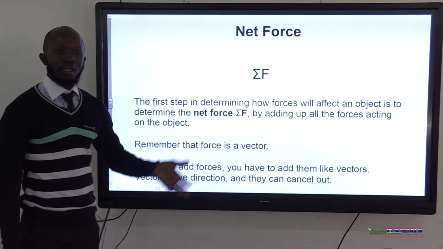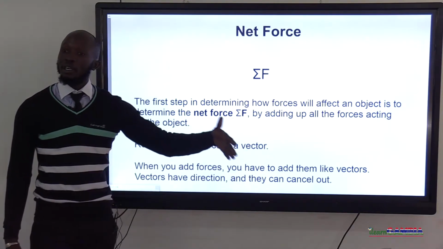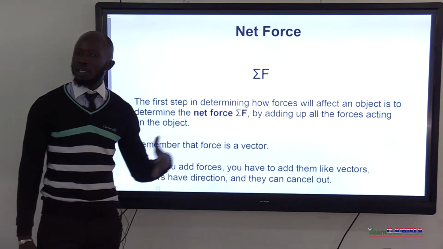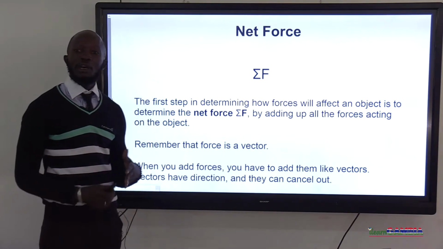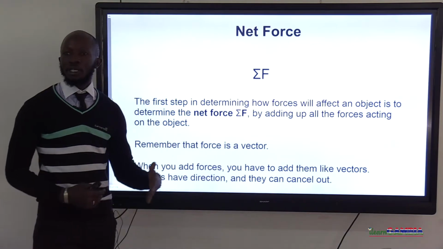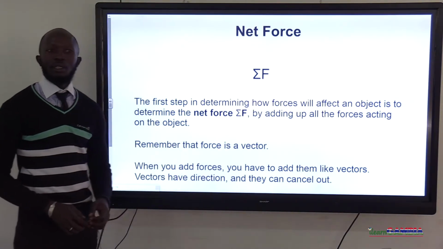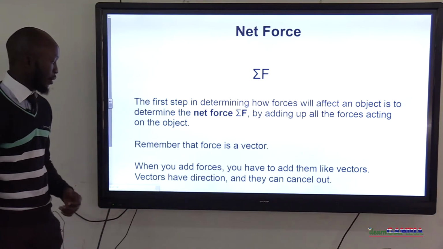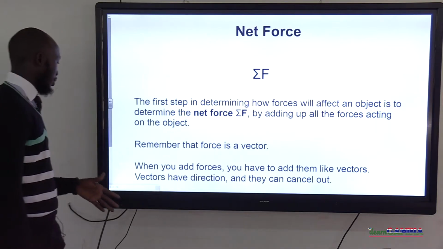In some cases, you see people adding forces as scalars, but they are not actually scalars. Scalars have only magnitude. But as you can see in our previous discussion, forces have direction and they also have magnitudes. And anything that has a direction and also has a magnitude is regarded not as a scalar but as a vector. So when you add forces, you have to add them like vectors.